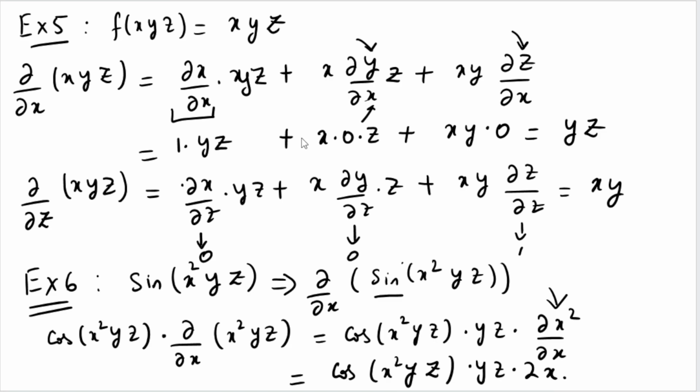Let's look at one final example. We will take the same sine x square yz and take the partial derivative with respect to z. So, this is example number 7.